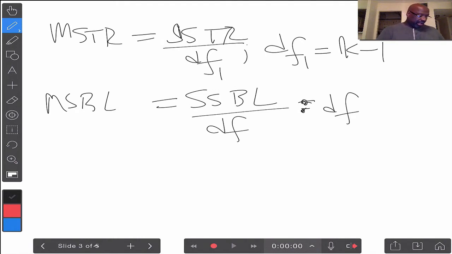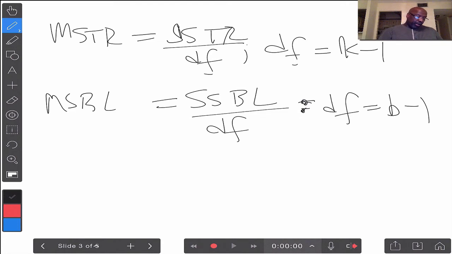Let's just call it DF for now. So this will be B minus 1. So the number of blocks minus 1. Same way for treatments, we went the number of treatments minus 1. For blocks, we'll go the number of blocks minus 1, the number of rows minus 1.